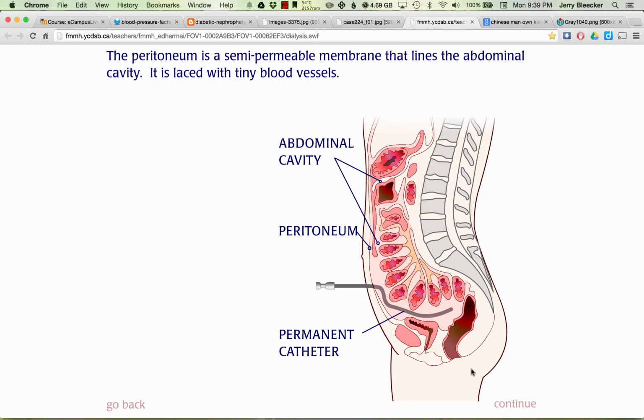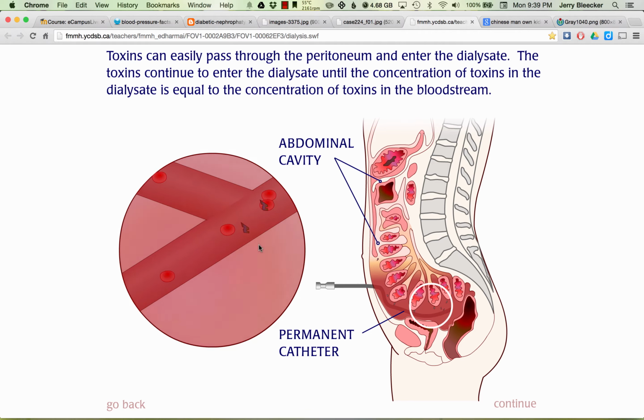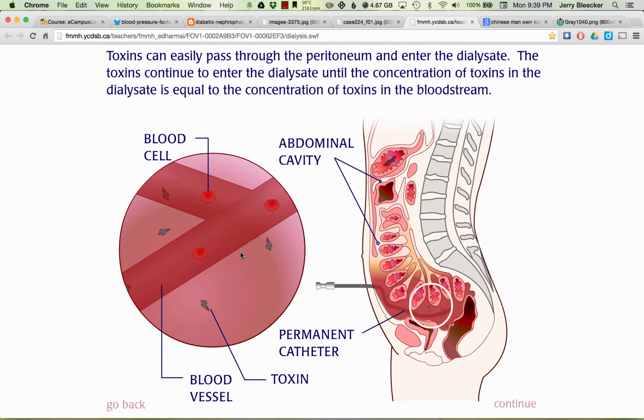So the toxins will flow into the fluid. It becomes polluted, so to speak. Concentrations become much higher. Those toxins will flow out into that fluid, into the abdominal cavity, and they're ready to be eliminated.